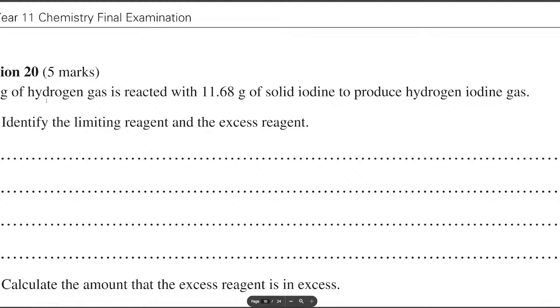It should be 2 to something. And if it's not, just say it's 2 hydrogen for 1 iodine, and just say the hydrogen is not 2 to 1. If there's more hydrogen than 2 to 1, then hydrogen is in excess.